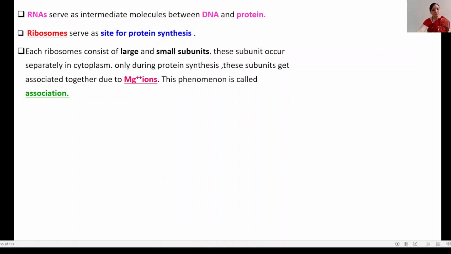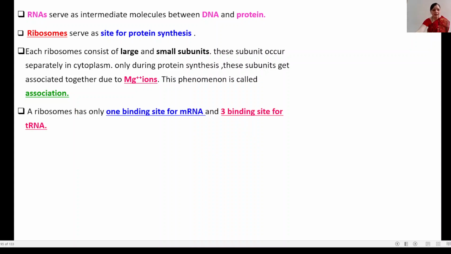But during protein synthesis, these subunits associate due to the magnesium ion. This process is known as association. And the ribosome has only one binding site for the mRNA and 3 binding sites for the tRNA for the process of translation.